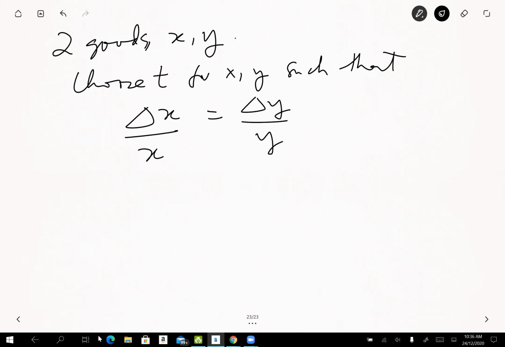This ratio is true. The change of X divided by X, or the ratio of the change of X to X, is equal to the ratio of the change of Y to Y.